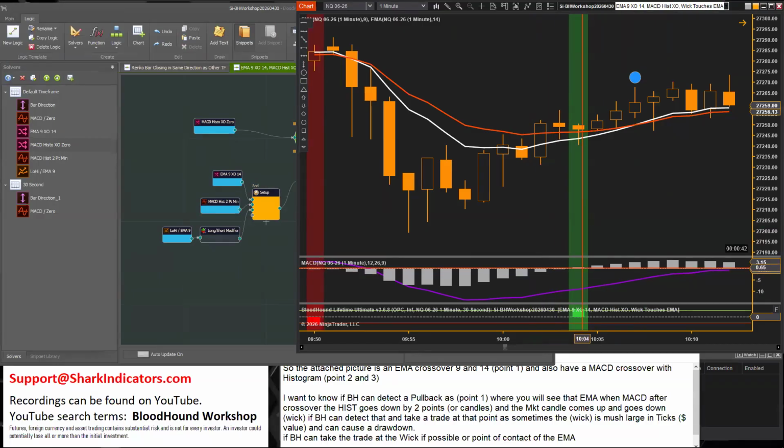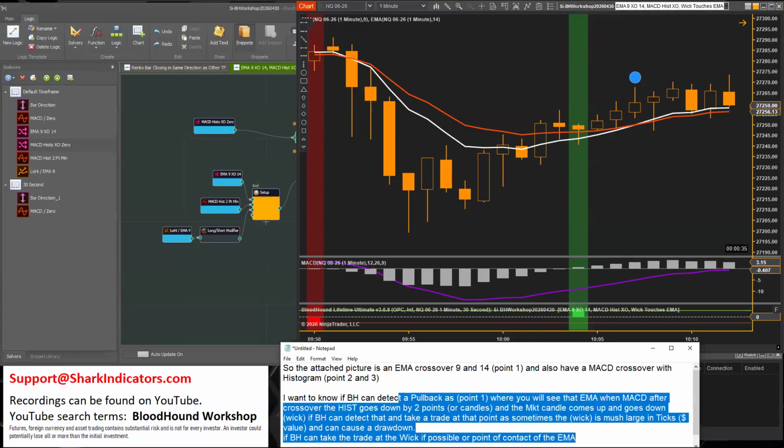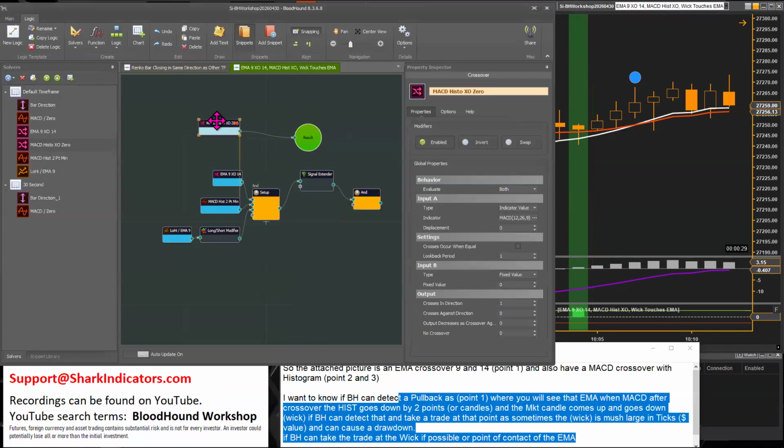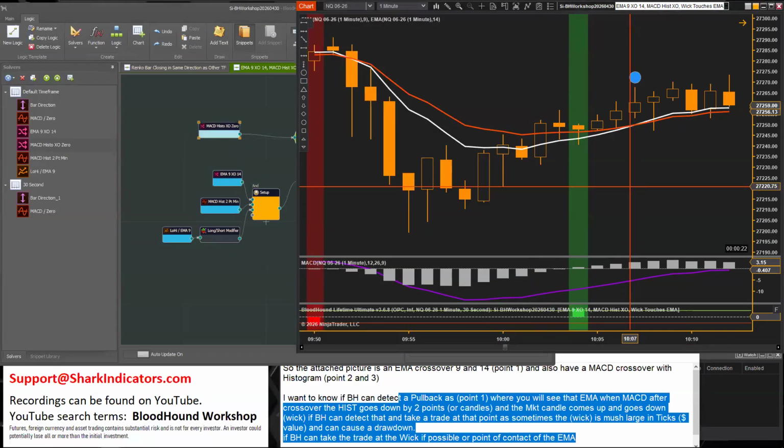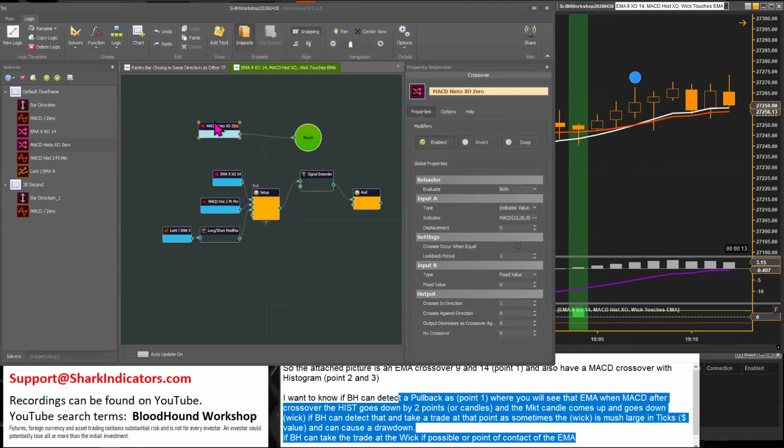So actually, this condition is never used and never would be used here. The only time you would ever use this MACD histogram crossover solver is if the EMA crossovers synchronize almost perfectly with the MACD crossover, and they never do. So I'm just gonna get rid of that.